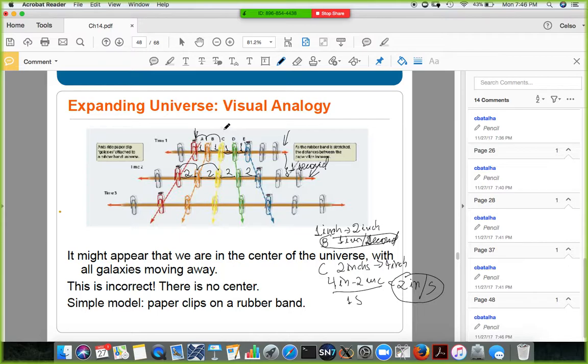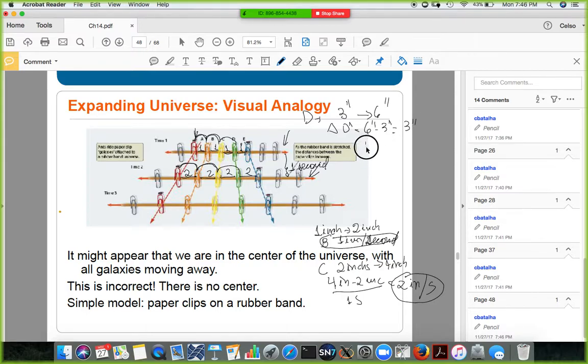You can do the same with galaxy D. Let's say galaxy D was originally 3 inches away, and expanded to 6 inches away. So the total expansion was 6 minus 3, 3 inches.